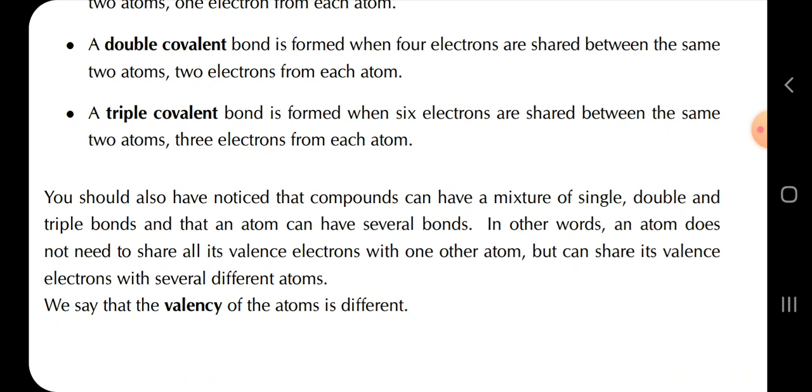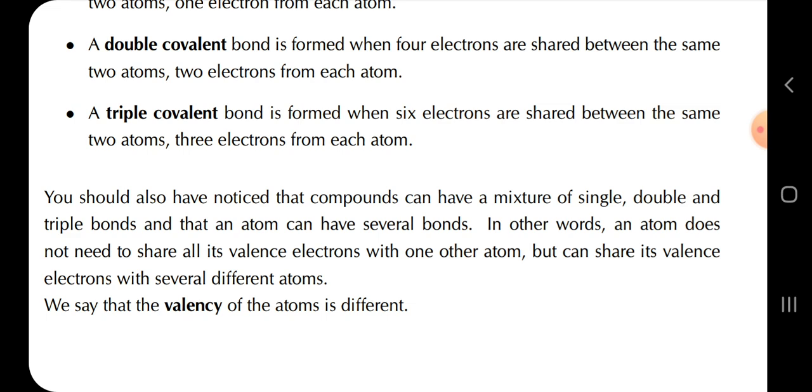So you should also have noticed that compounds can have a mixture of single, double, triple bonds, and that an atom can have several bonds. In other words, an atom does not need to share all its valency electrons with one atom, but can share its valency electrons with several different atoms. So we can have 2 oxygens and 1 carbon, and then the carbon will share 2 valence electrons with one oxygen and the other 2 with the other oxygen.